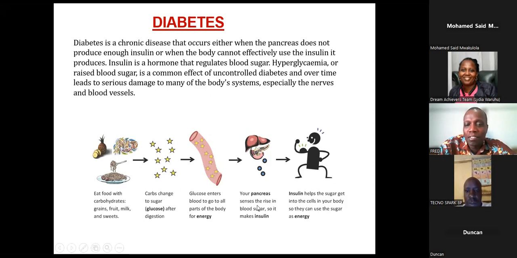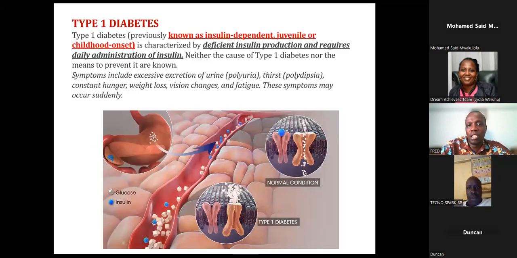Your pancreas senses the rise in blood sugar, so it makes insulin, and the insulin helps the sugar to get into the cells of your body, and they actually use the sugar to produce energy. That is how it is supposed to be. Now, we want to see what happens when there's a malfunction in this.